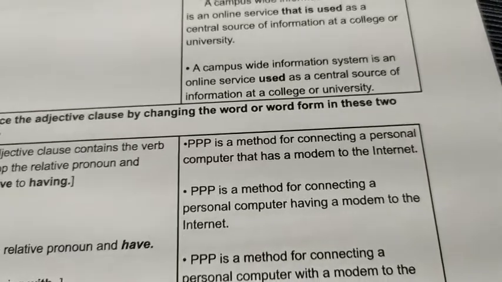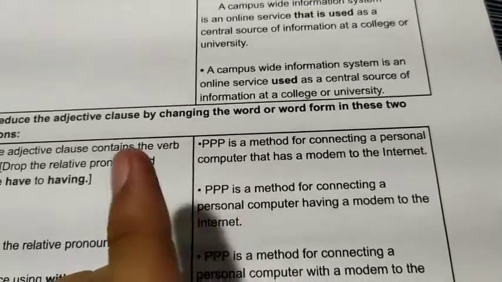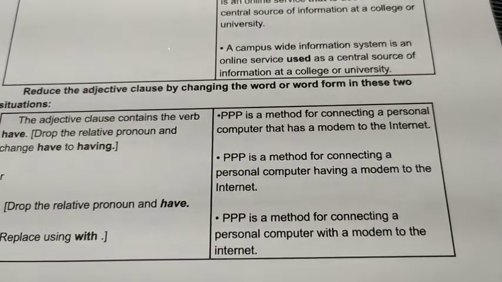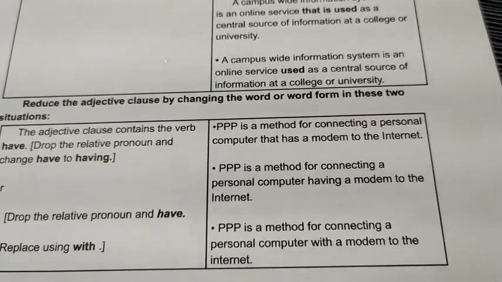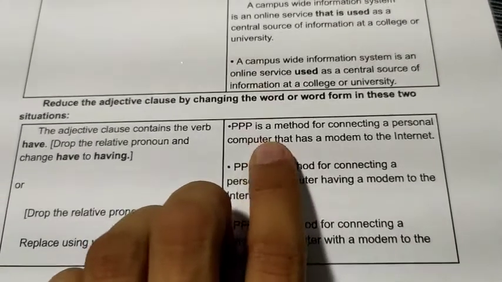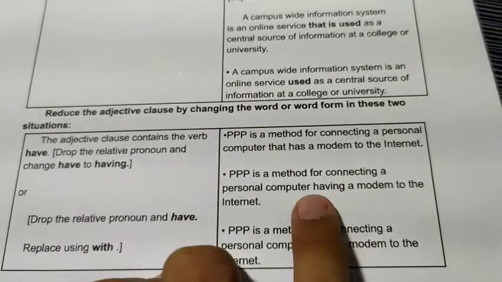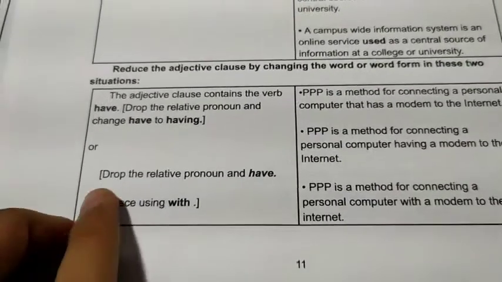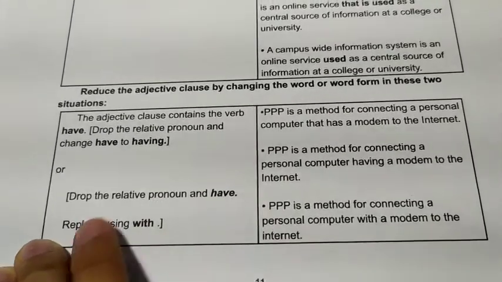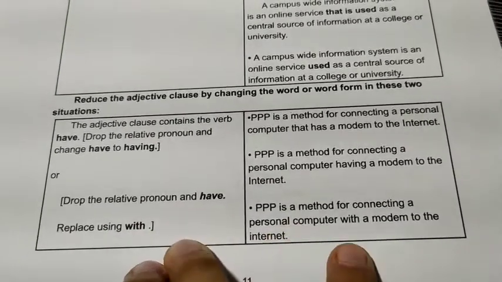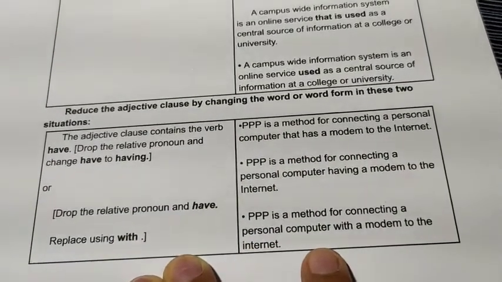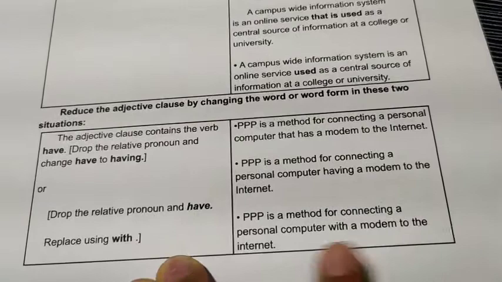So you can have it like this: "PPP is a method for connecting a personal computer having a modem to the internet." So instead of "that has a modem," you will just use having, or -ing. Then you can also drop the relative pronoun and have, replacing it with with. So instead of "that has," you can simply write "with a modem to the internet."